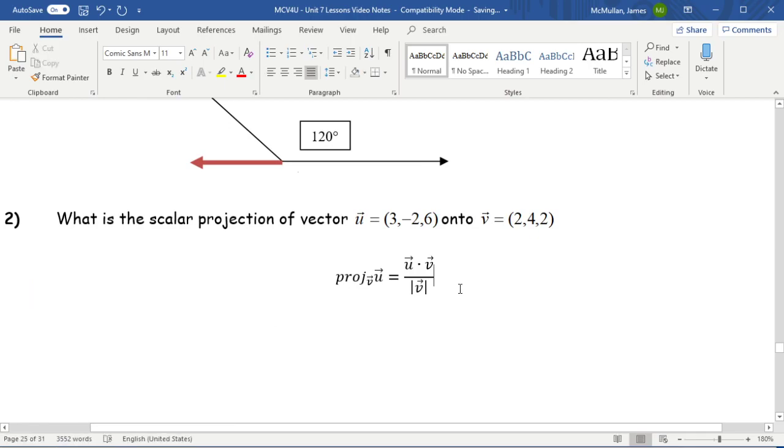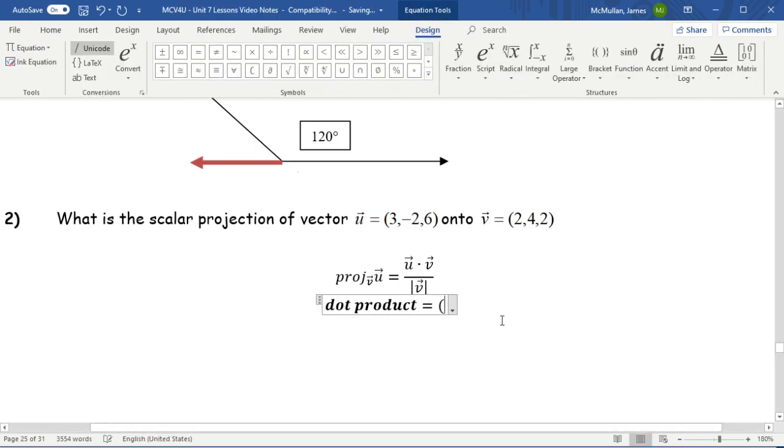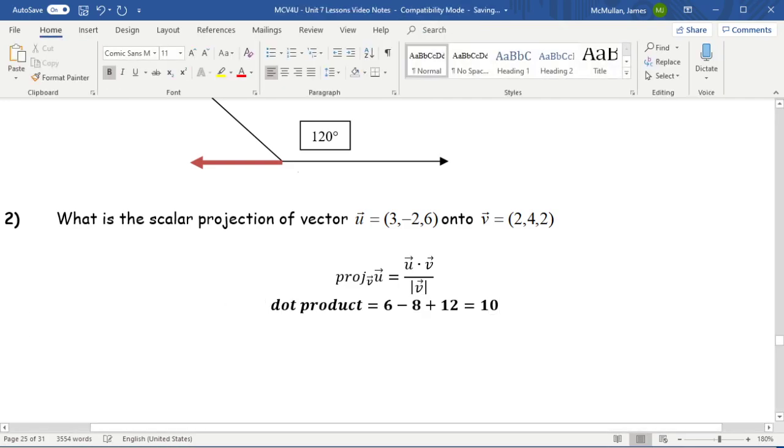So this is it. So we project u onto v by doing this, and we're just going to have to find the dot product. So the dot product is equal to 3 times 2, which is 6, plus 4 times negative 2, which is negative 8, and then plus 6 times 2, which is 12. So 18 take away 8, the dot product is 10.